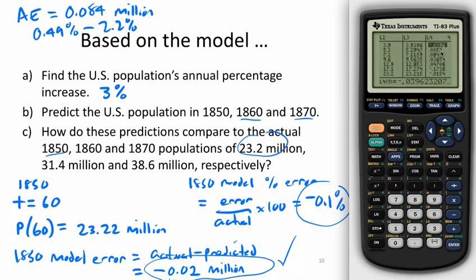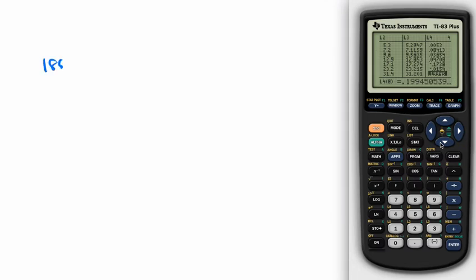There are the errors. Remember, the first 6 of these errors go into the SSE, the sum of squared errors of the model. The last 3 are our new values. There's the negative 0.02 that we calculated right here. And now I'm going to build a table over here. So 1850, 1860, 1870, those are my years.